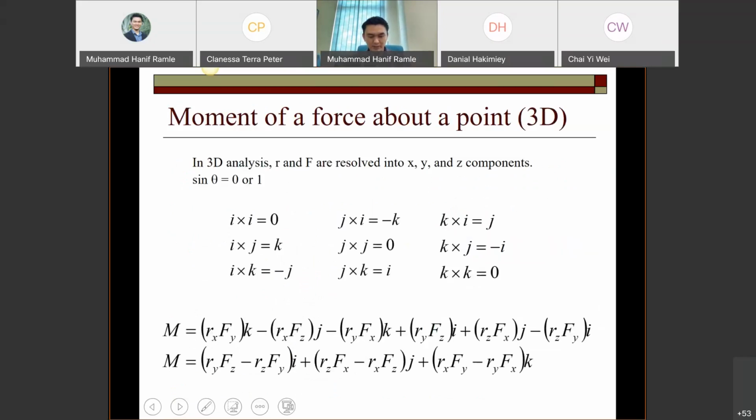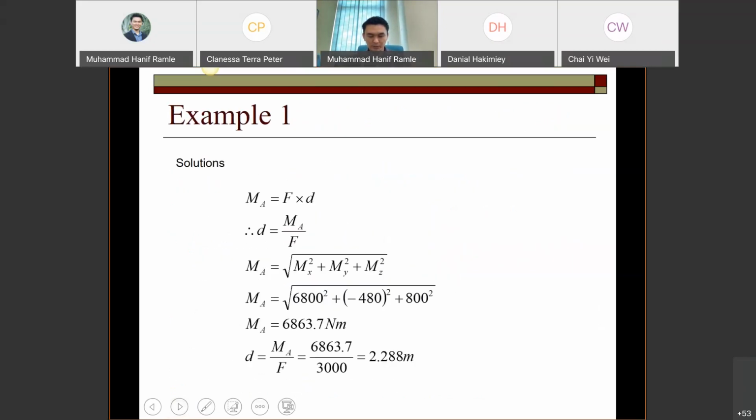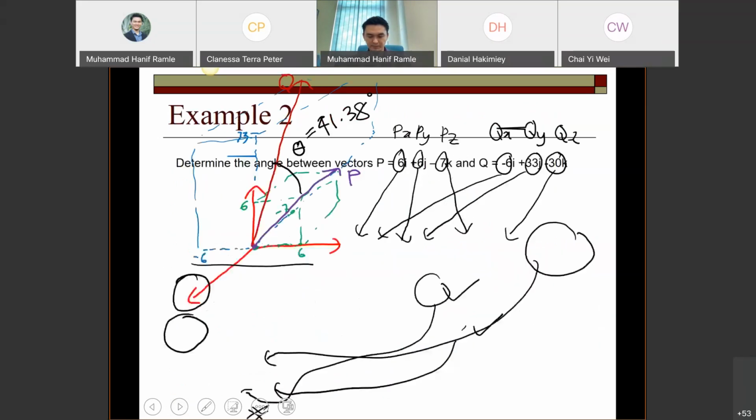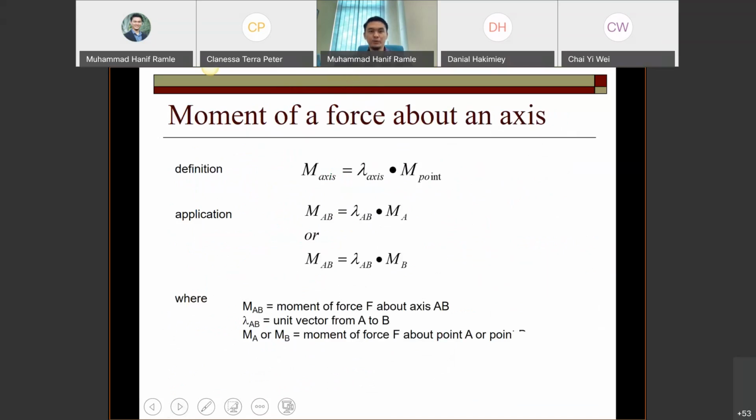But today, you will learn how to determine a moment of force about an axis, and basically we will use dot product. Of course the moment about a point should be in cross product.